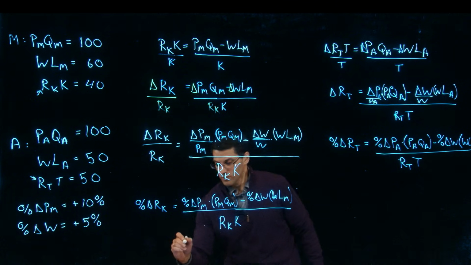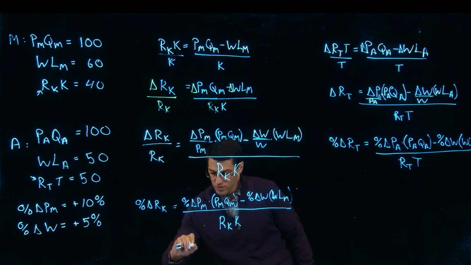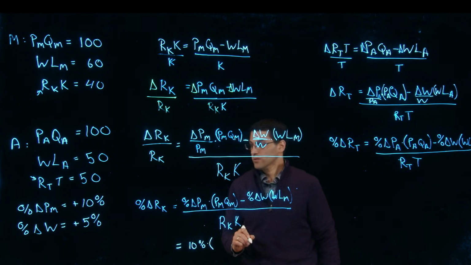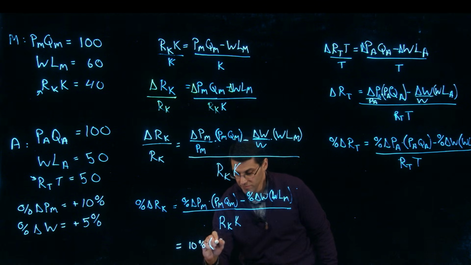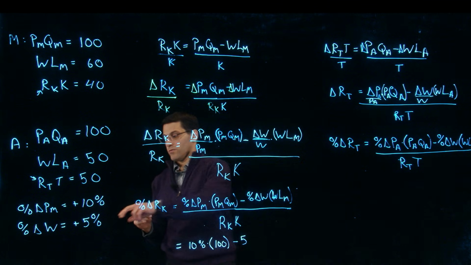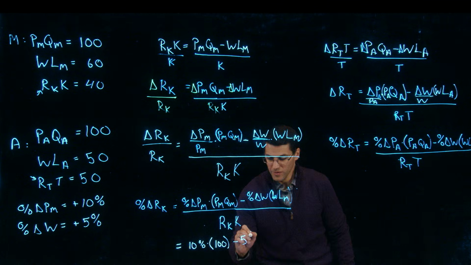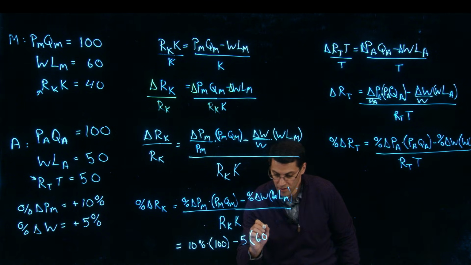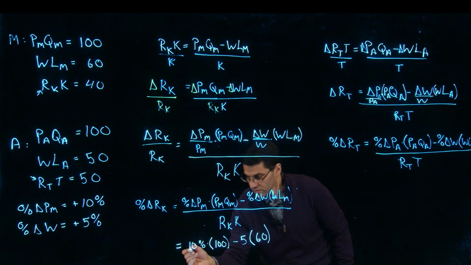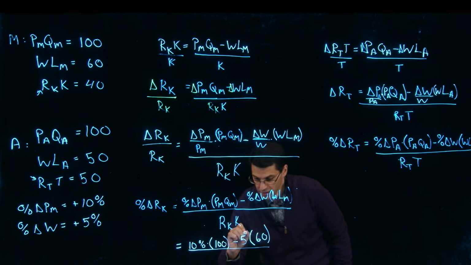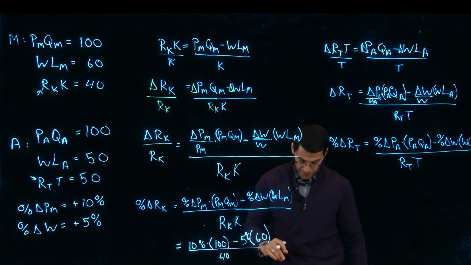So this becomes 10% times 100 minus the 5% increase for the wage that we assumed times 60, all over 40.